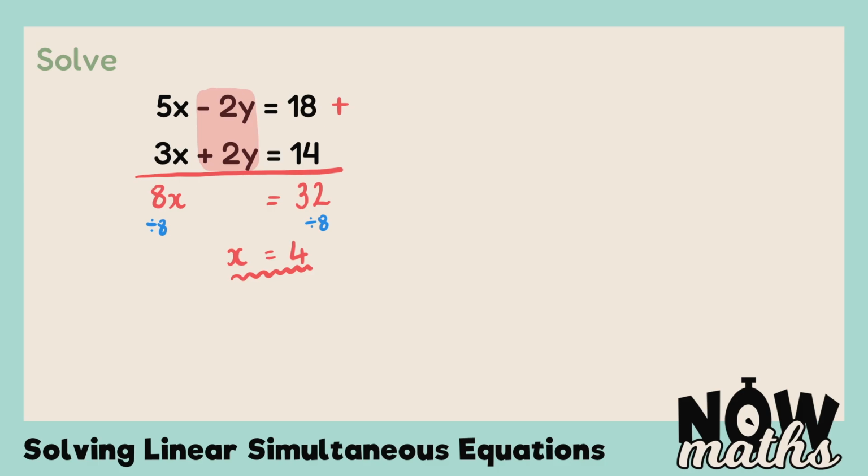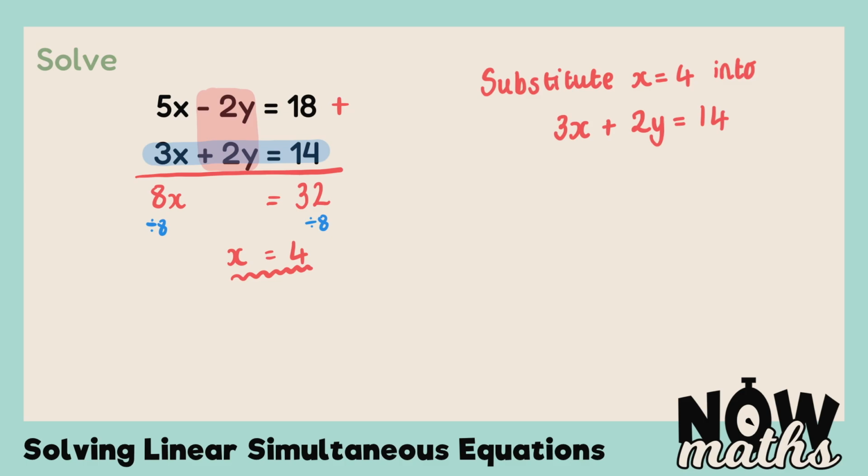Now we've found our value of x, we need to use this value to find the value of y. I'm going to choose to substitute into the second equation this time, as the numbers are smaller and all of the numbers are positive. So we will write that we will substitute x equals 4 into our chosen equation, which is 3x add 2y equals 14.